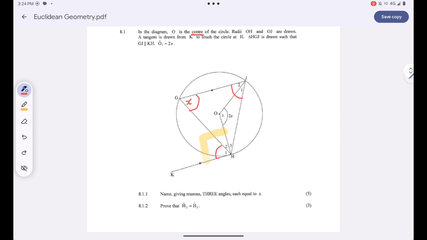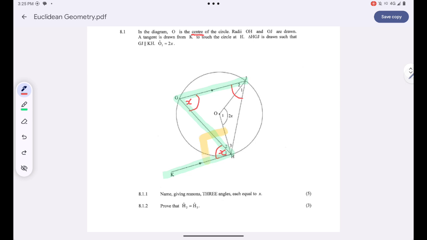But remember that we're told that this line is parallel to that line. That means we must have alternating angles. So if angle G is equal to x, that means we also have an x there.